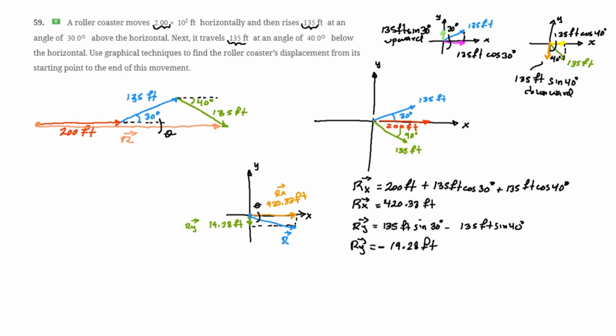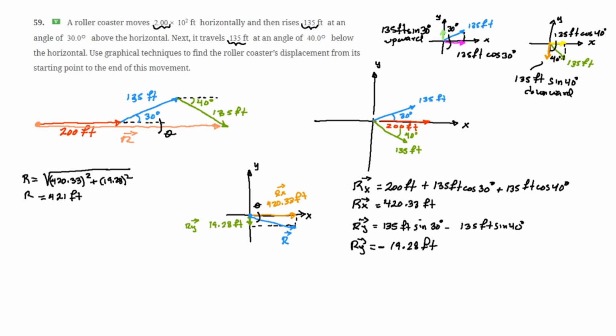So if I want to find the whole resultant, I will say that the resultant is the square root of 420.33 squared, in feet, plus 19.28 squared, in feet. So when you have feet squared, the square root of feet squared will be feet. So you will get now that this is approximately 421 feet.